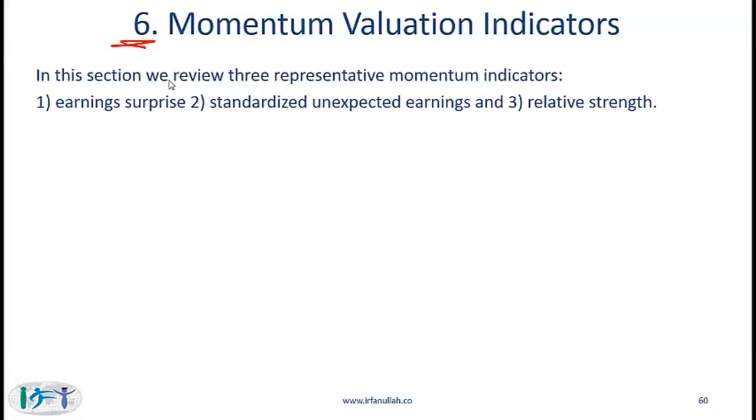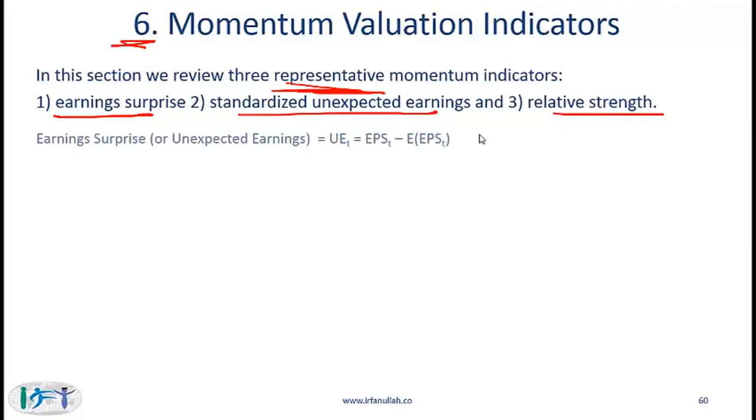Fortunately for us, this is not a very long section, and we simply cover 3 representative momentum indicators. The reason we are saying 3 representative indicators is there are lots of indicators, and we are just going to talk about 3 of them: earnings surprise, standardized unexpected earnings, and relative strength.